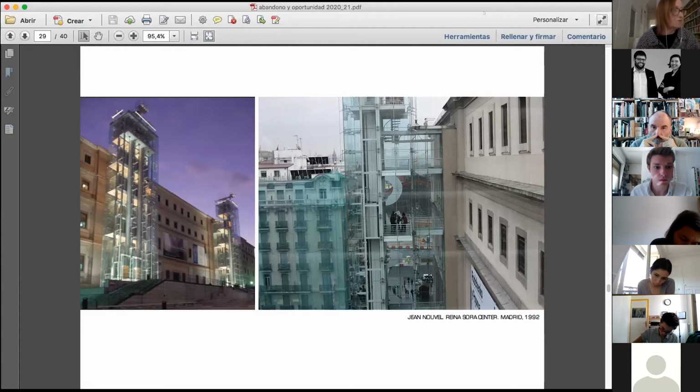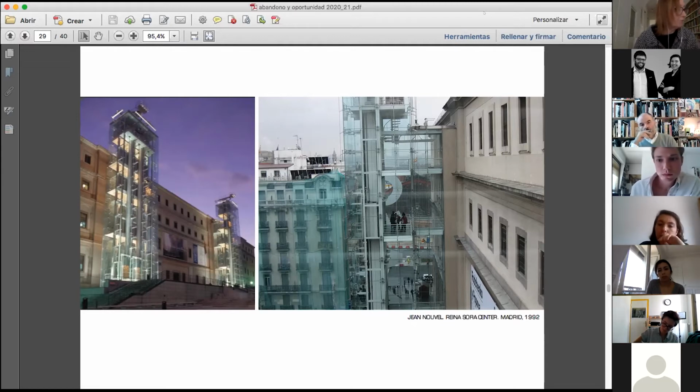In the Reina Sofia Center in Madrid, Jean Nouvel pioneered 30 years ago installing elevators on the main facade in the form of glass towers. The objective was to give direct access from the square to all the floors of the 18th century San Carlos Hospital to turn it into an art center.